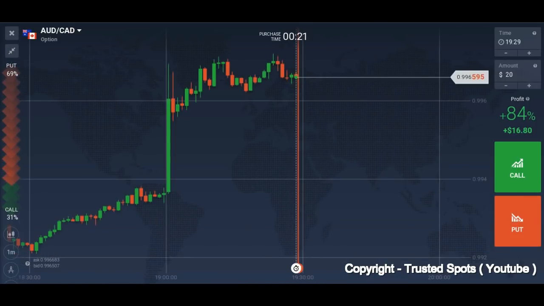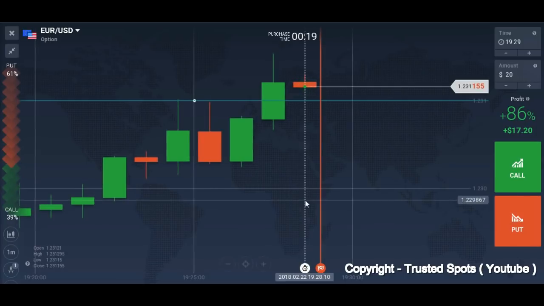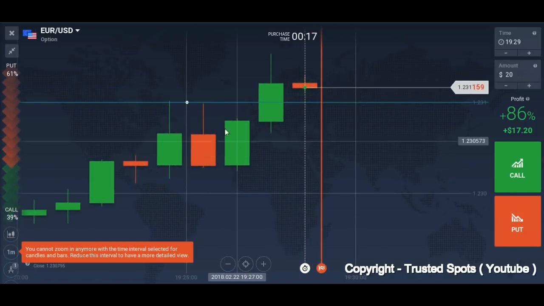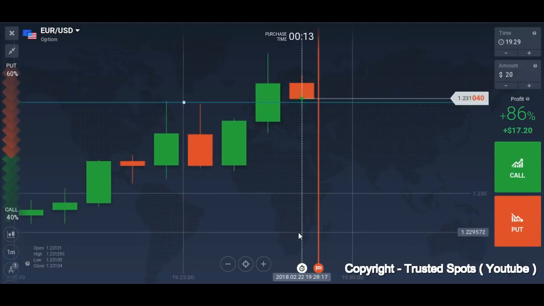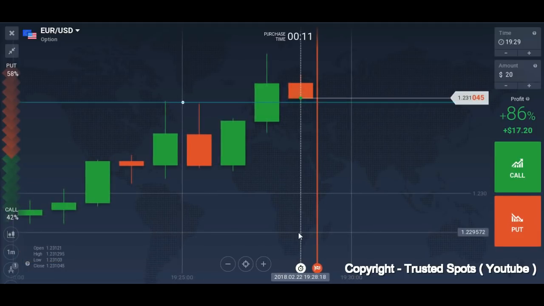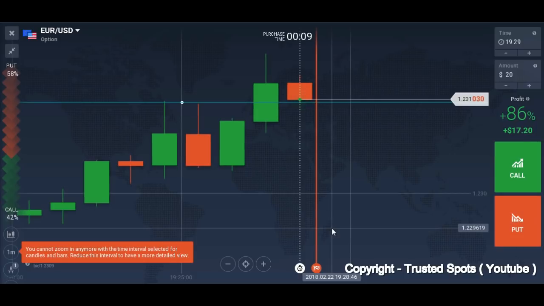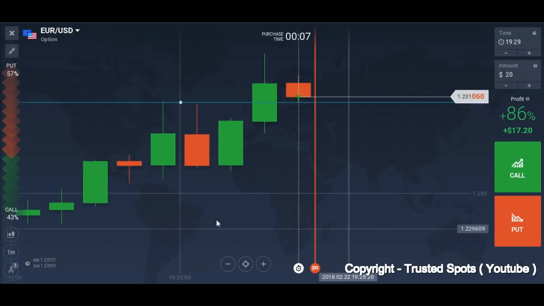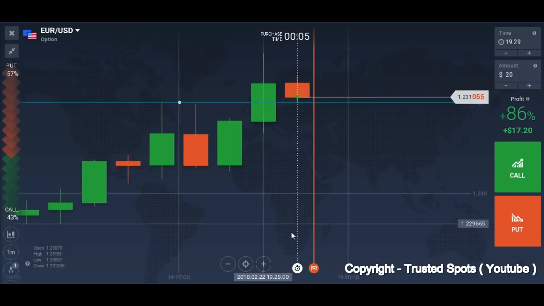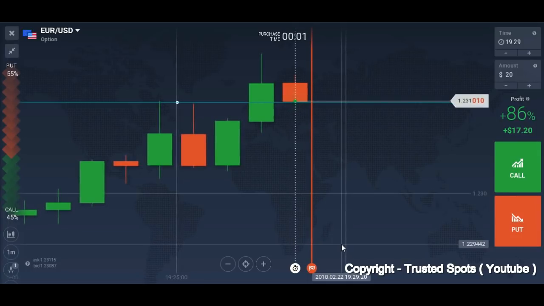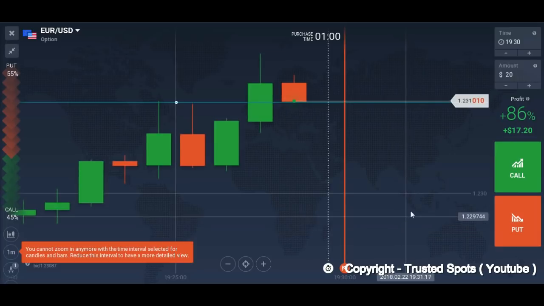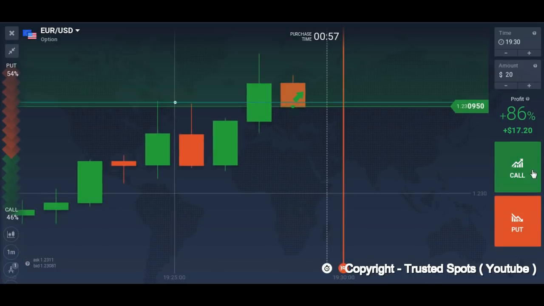Let's wait, and here you can see this is a breakout, so we can place a trade. Okay, it's going to hit the level. I will wait for a rejection. A rejection will be a confirmation. I will instantly place a trade if I get a rejection.